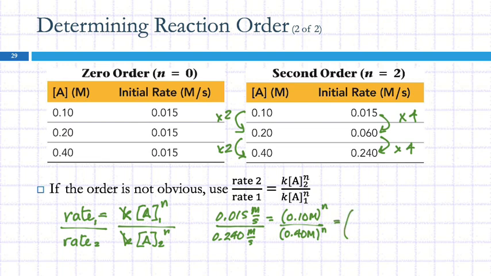That is equal to the quantity 0.10 molar divided by 0.40 molar, the whole thing raised to the n power. There's a little section in the appendix at the back of the book that gives you all the rules for exponents, because those things are really easy to forget. So knowing that you can do this is something that I would not expect you to remember right now.